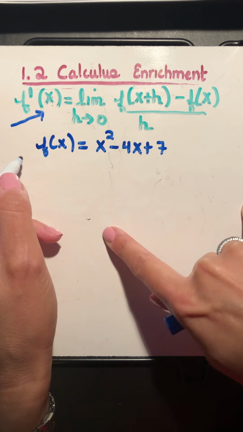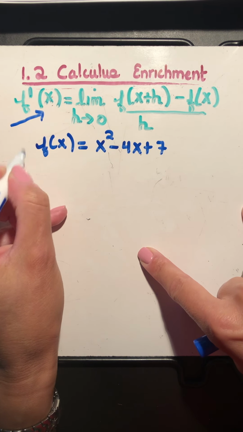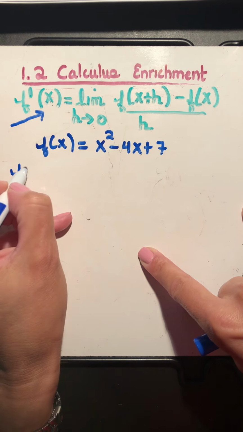This might take me 2 videos to do, but I'm going to literally just follow the formula. So f prime of x equals the limit as h goes to 0 of f of x plus h. Let's think about what this means. Let me do a side example here.